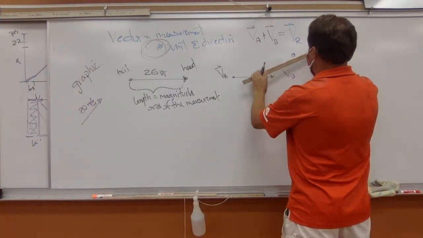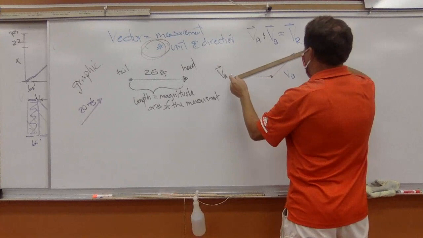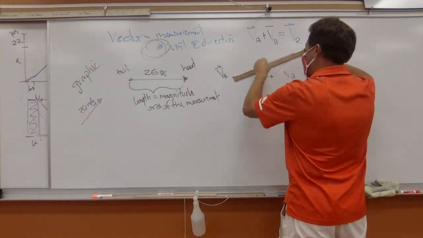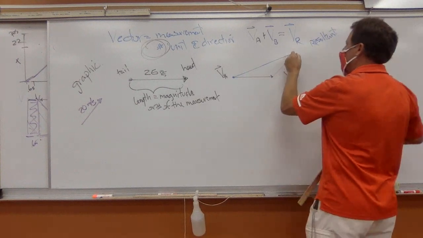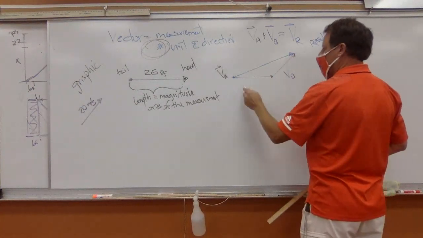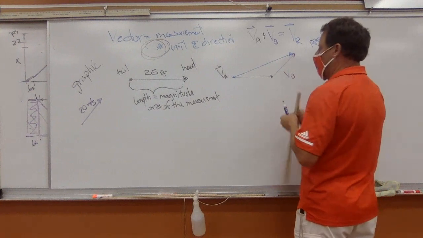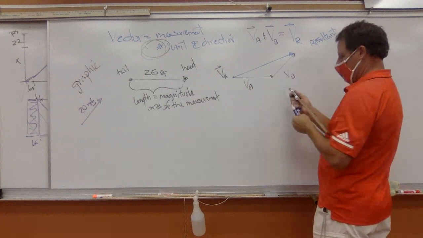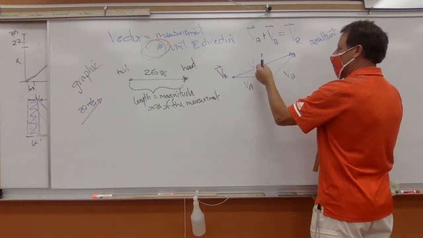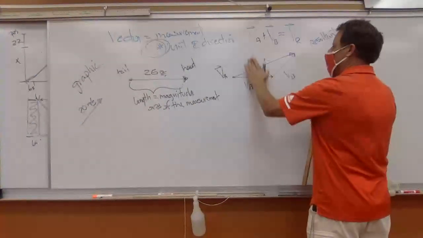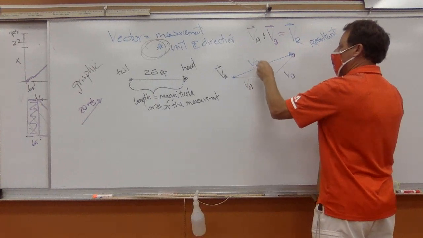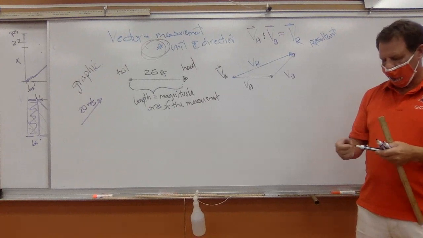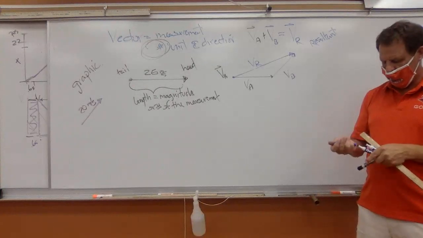So this was vector A, and this is vector B, and this right here is the resultant vector. How long is that vector?